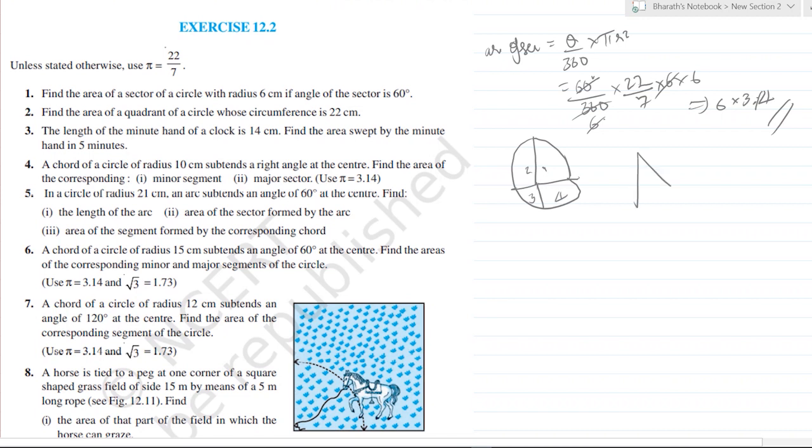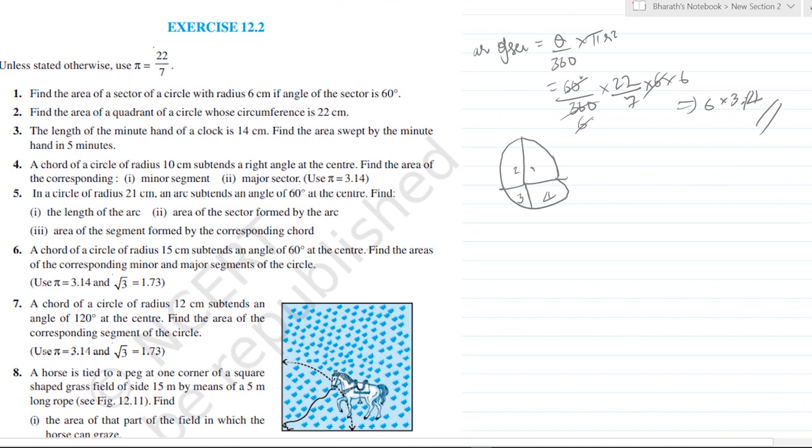Let us keep this first quadrant as our quadrant, okay?